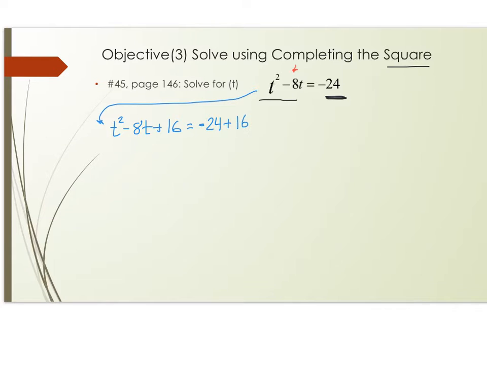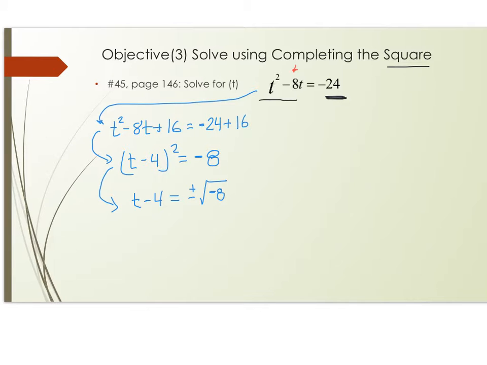Now, we have a perfect square on this side of the equation, so we have (t - 4) squared is equal to negative 8. Now we use the square root principle, and we see that t - 4 is equal to plus or minus the square root of negative 8.